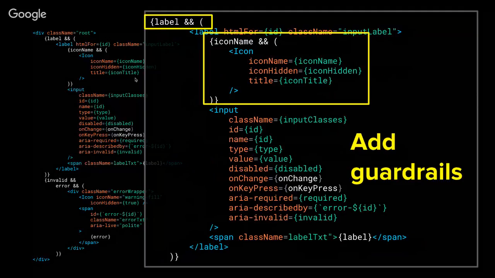Here are our guardrails for making an accessible input pattern. We made sure that if the dev does not pass in a label as a prop into your input component, this whole input will not render. So this is a good reminder for developers, add those labels in.